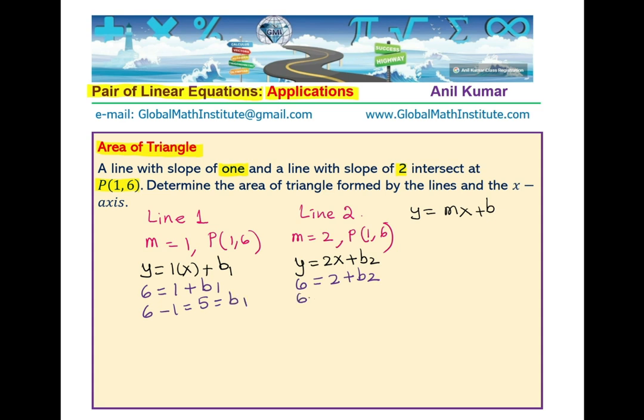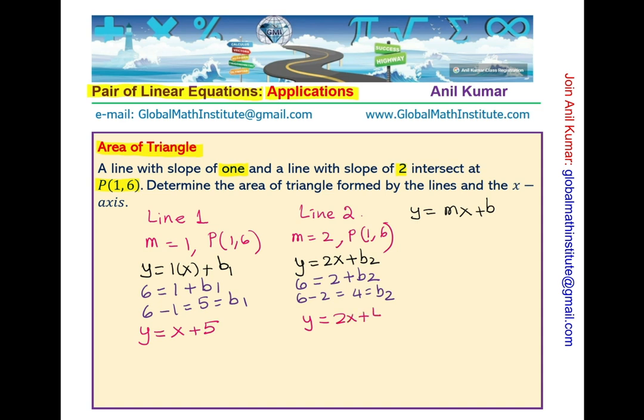And here we have 6 minus 2, which is 4 for b2. And therefore, the equations of the lines are y equals x plus 5 and y equals 2x plus 4.